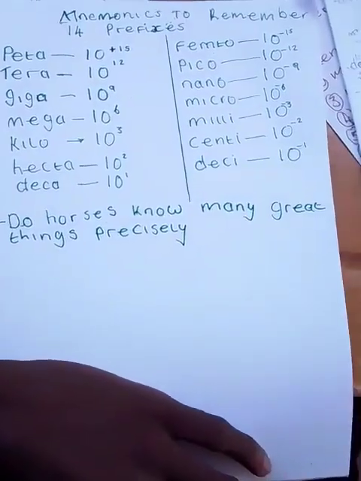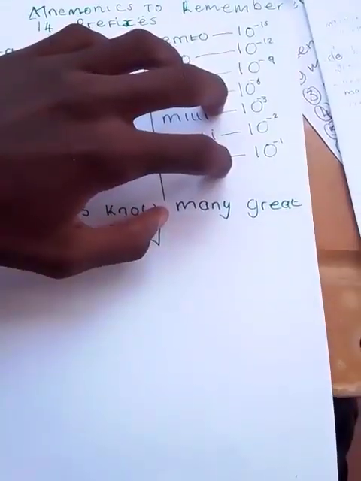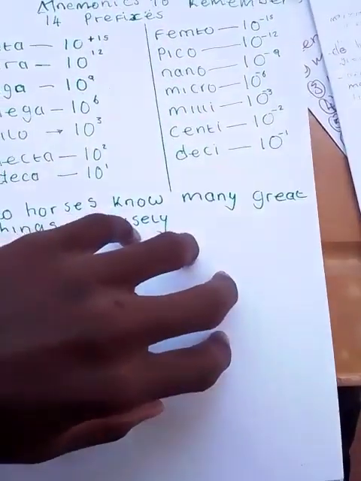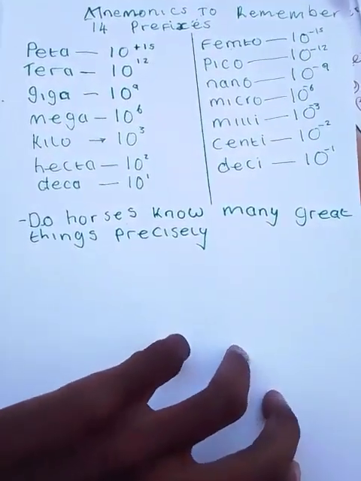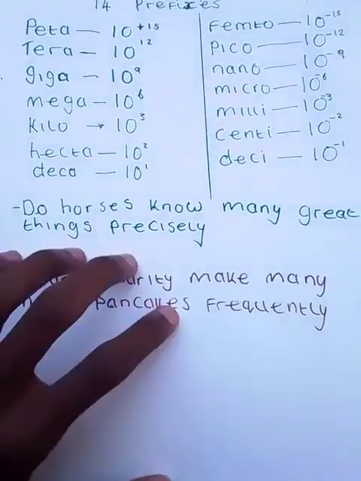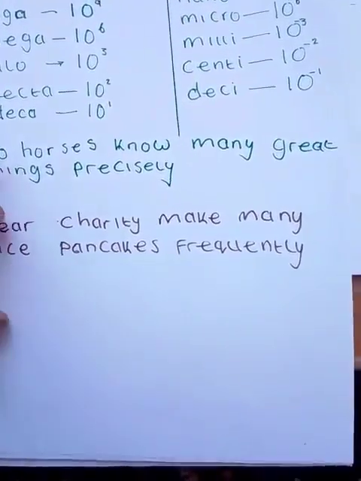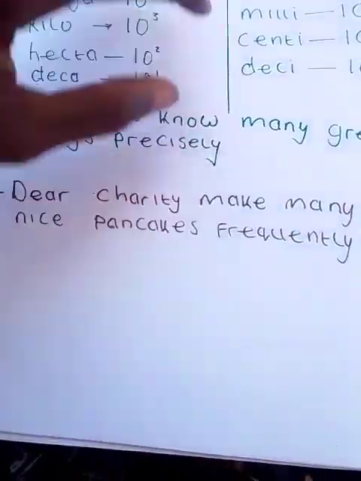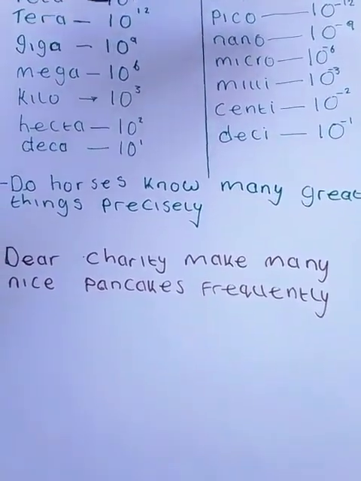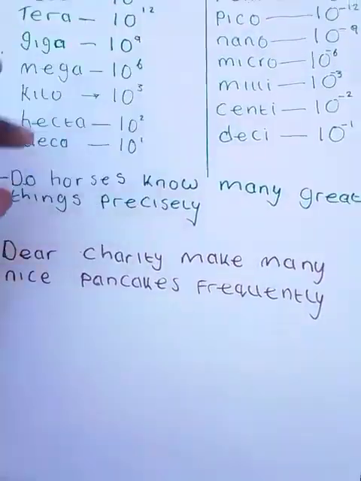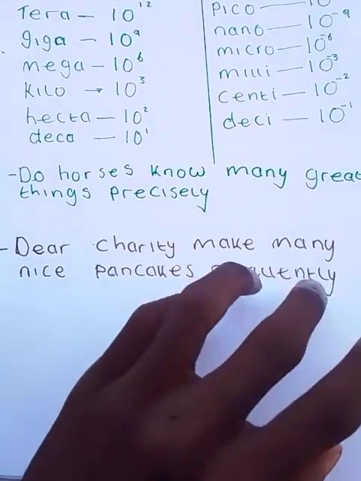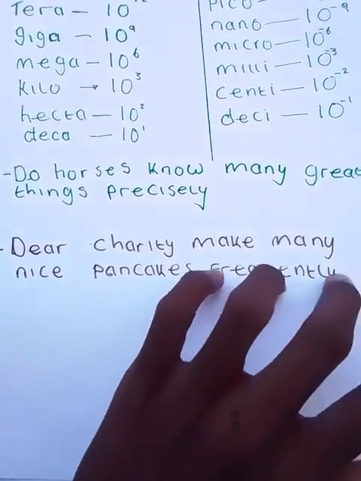Okay, so now let's quickly go to the negative powered prefixes, and here we go again. Right now you're looking at the mnemonic to help us remember the negative powered prefixes. This is the mnemonic: dear chariot, make many nice pancakes frequently.